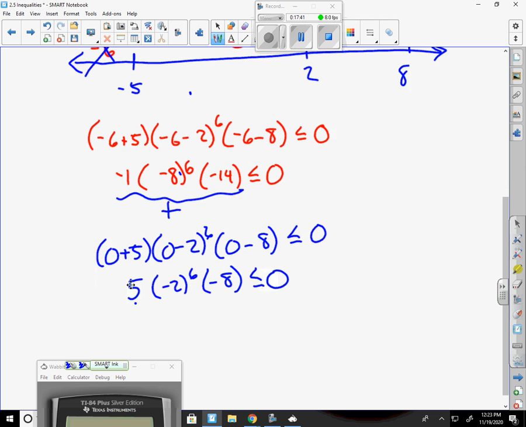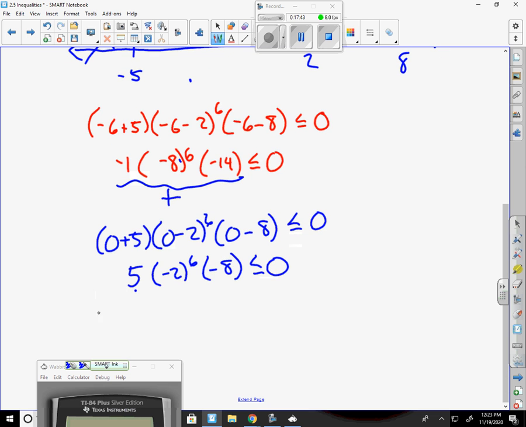Let's plug 3 in. Three plus 5 is 8, times 1 to the 6th, times negative 5.